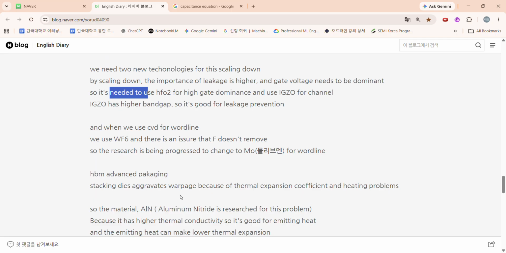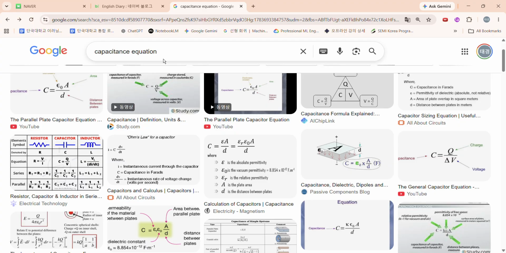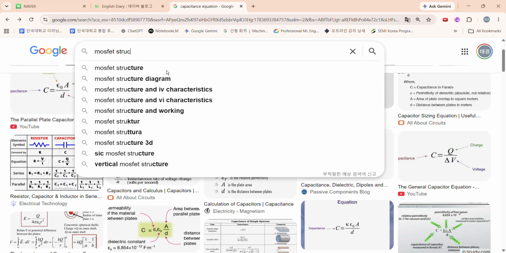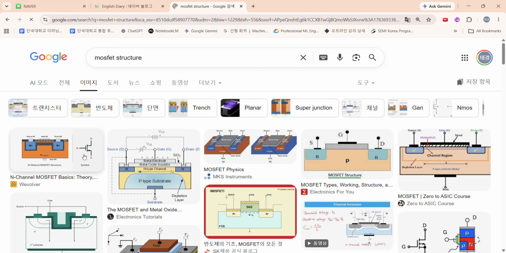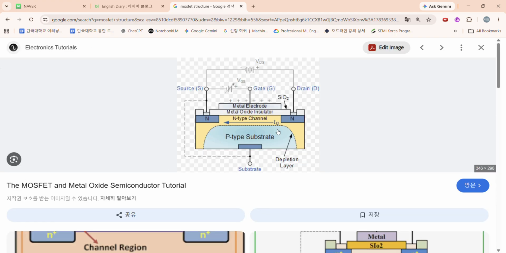Hafnium oxide. Okay, then MOSFET structure. Yeah, it's a MOSFET structure, and the electrode is the gate, and there is a channel.